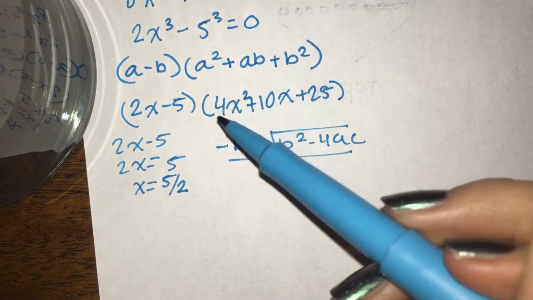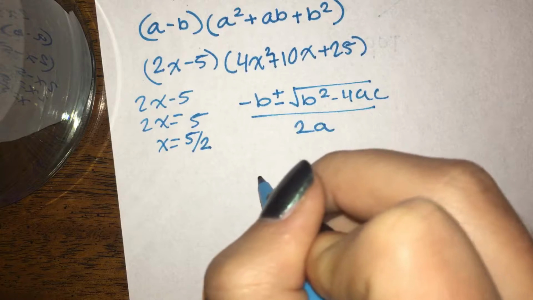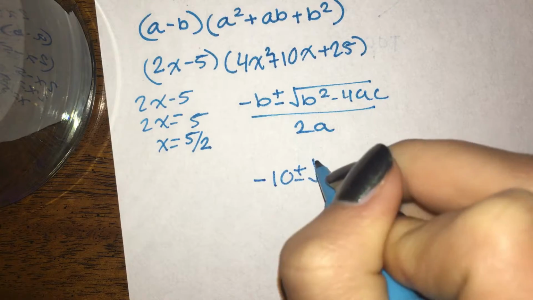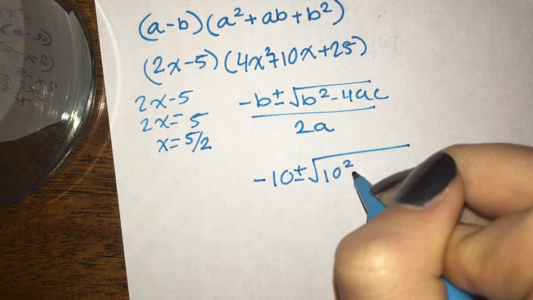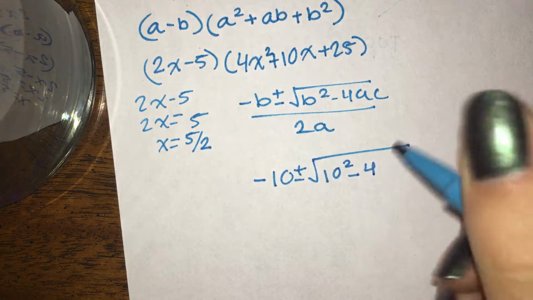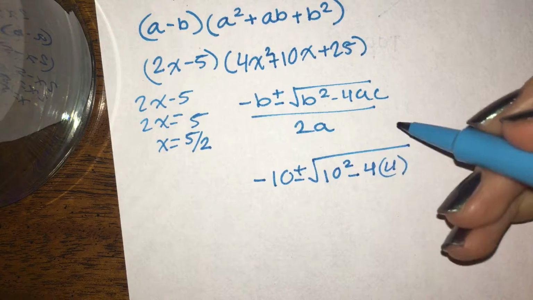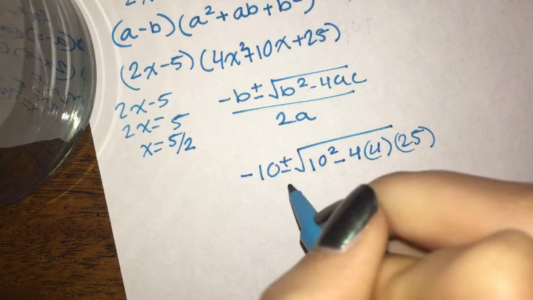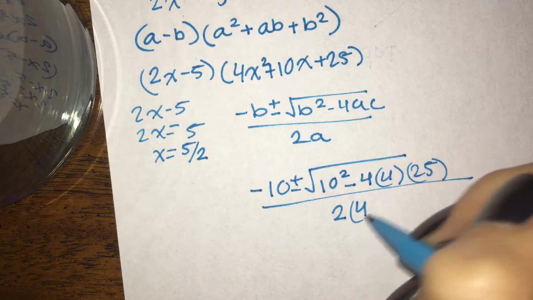Okay, so let's plug this in. This is a, this is b, and that's c. So negative b, negative 10 plus or minus the square root of 10 squared minus 4 times a, which is 4, and then c is 25, so times 25. Over 2a, and a is 4, so there.